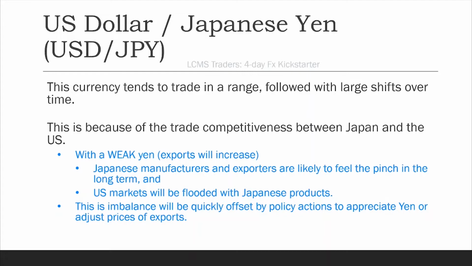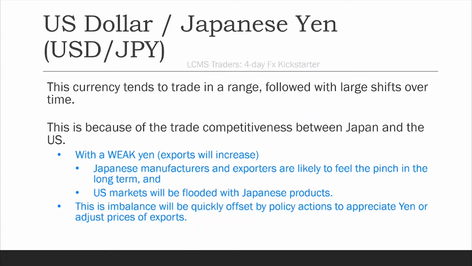So remember this, most of the time, this move, the range and large shift over time on the US dollar and Japanese yen, is occurring because of trade competitiveness between Japan and the US.